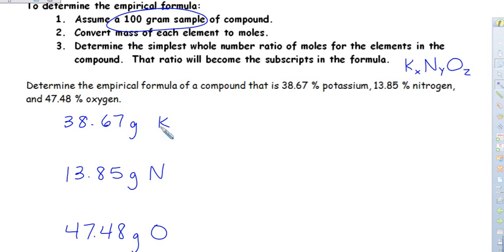You could say that you have a 126 gram sample, but then you'd have to multiply 126 times 0.3867 and get the mass of potassium, and you'd have to do the same thing for the nitrogen and the oxygen, which is why we usually just assume 100. It's easy. Then those percentages directly convert into masses.